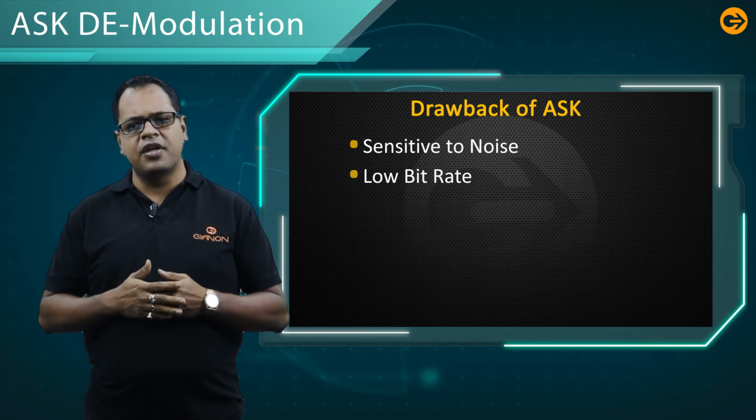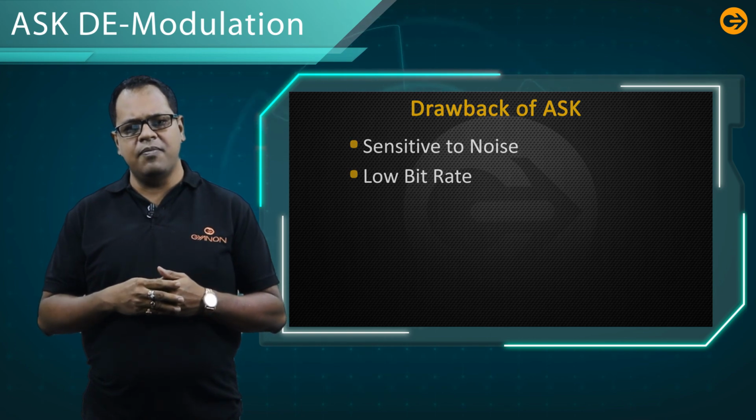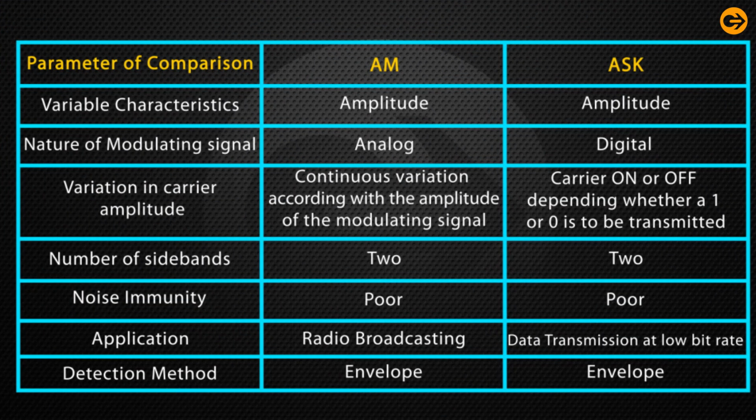Let us compare ASK and AM, where the first parameter is the variable characteristic. In case of the AM, the variable characteristic is amplitude. In case of the ASK, the variable characteristic is also amplitude. The nature of the modulating signal in case of the AM is analog, but in case of the ASK, it is digital.